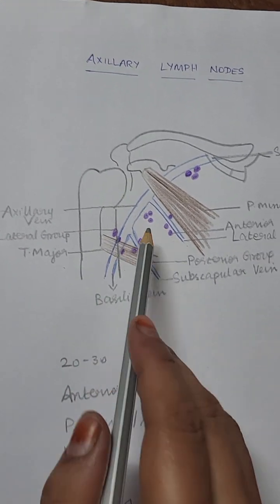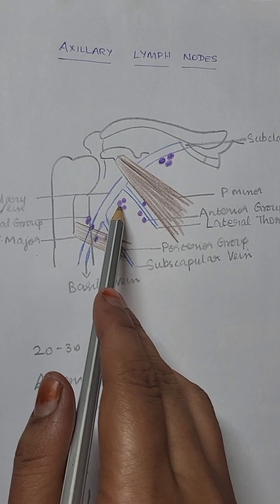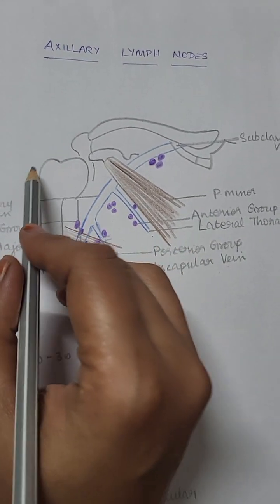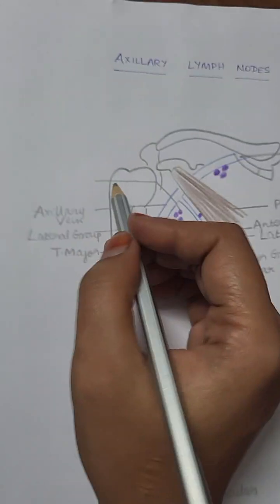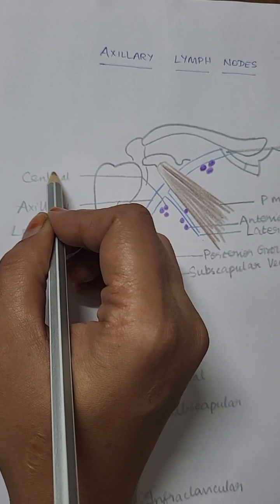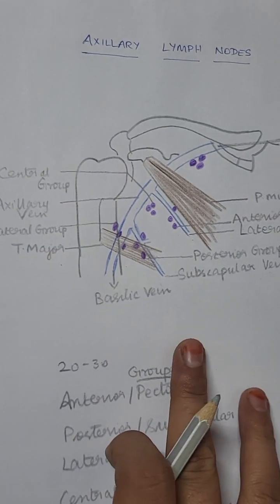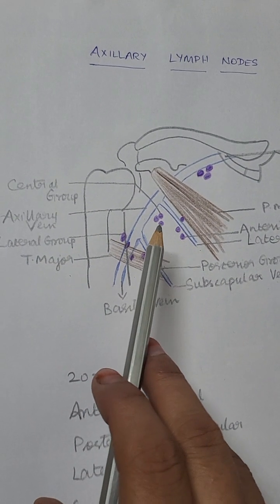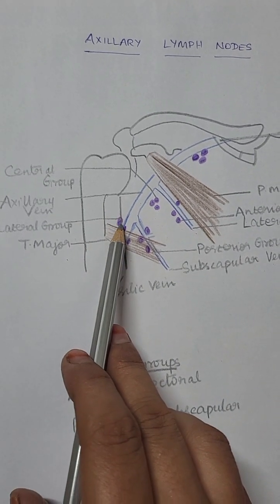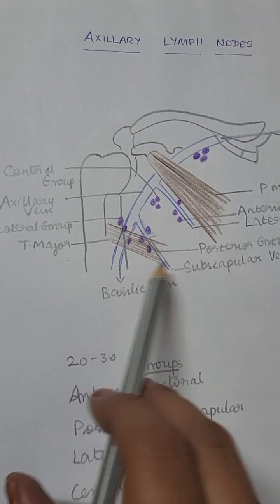Okay. This group of lymph nodes, which are situated in the axilla, in the axillary pad of fat, is the central group of lymph nodes. The central group drains the upper limb and also the major part of the breast via the other lymph nodes.